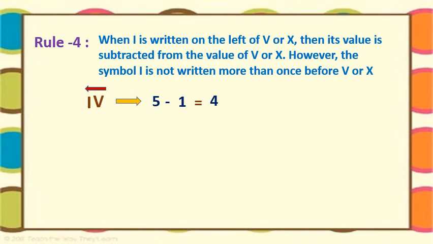Means 5 minus 1 is equal to 4. Fourth standard means this one. I, V. This is nothing but 4. And 10. We are writing I to the left side. So again we are going to subtract 1 from 10. So this is 9. Very good.